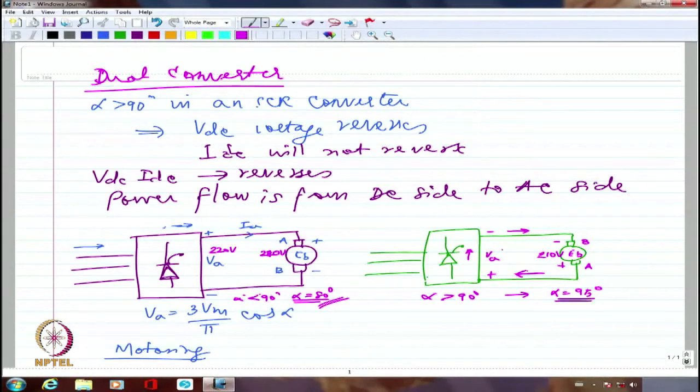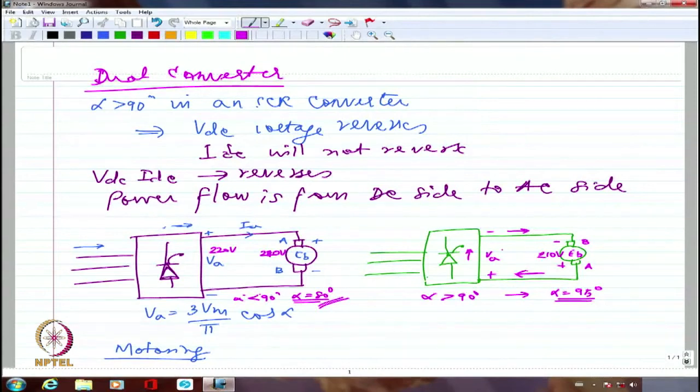So theoretically, we will be able to achieve regeneration almost down to zero speed if we are able to adjust all of them in a very fine manner. Right? So you should know that this particular operation of the line commutated inverter, that is an SCR rectifier working as a line commutated inverter, allows you to feed back the energy and undergo regenerative braking using your DC motor drive, which can save a lot of energy.